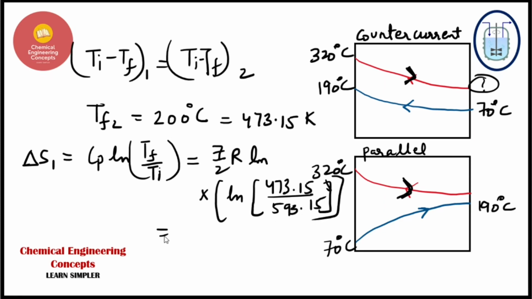If we calculate it, the answer will come up to be minus 6.577. I have already calculated them, and you please try to calculate them on your own. So this is the entropy change for the hot stream.